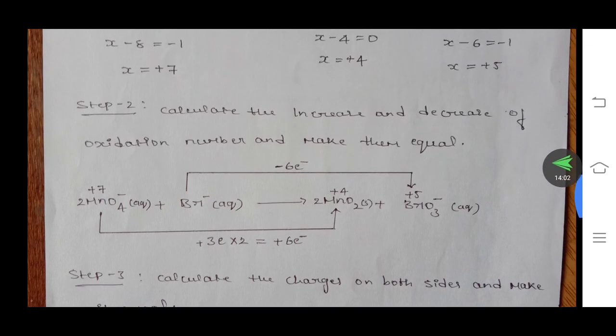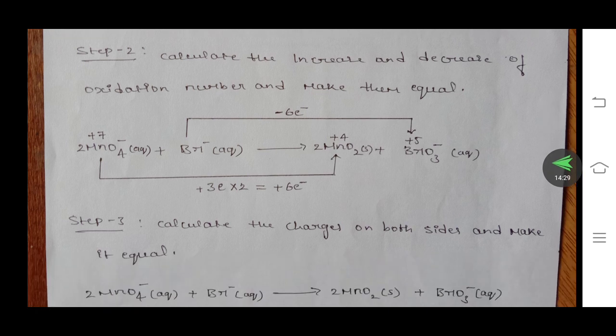Losing 6 electrons. So now we have to make them equal. Both the electrons lost and the electrons gained should be equal. Now Br is losing 6 electrons, so the gain of electrons should also be 6. Here only plus 3 is there, so you have to make it plus 6 by multiplying by 2. Plus 3 into 2 gives plus 6.